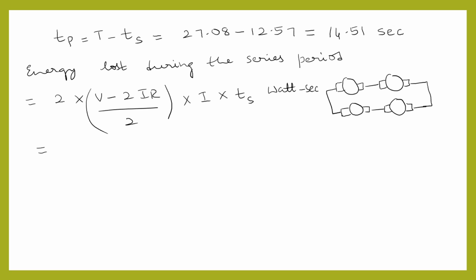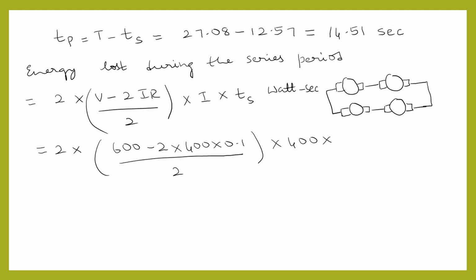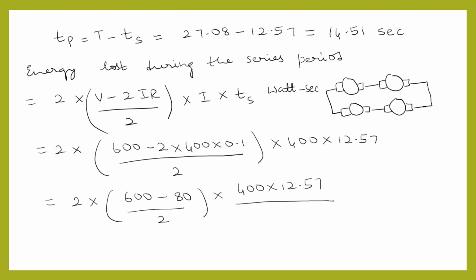Substituting, we have 2 into 600 minus 2 into 400 into 0.1 divided by 2 into 400 into 12.57, that is equal to 2 into 600 minus 80 by 2 into 400 into 12.57 divided by 3600 into 1000 in kilowatt hour.